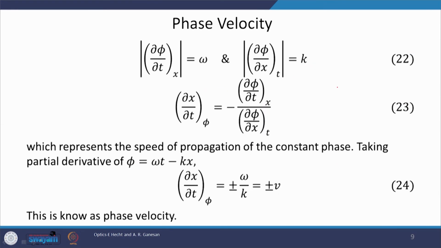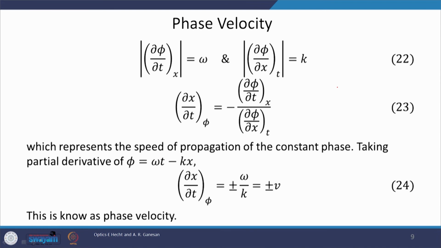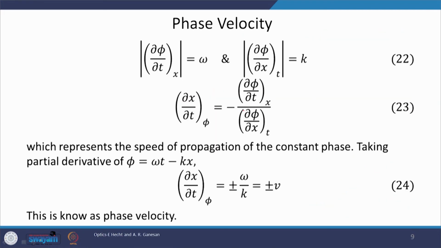Okay, once we know what a phase is, what omega is, what k is, now let us define phase velocity. Now we have this expression of phase phi, which is kx minus omega t. Now let us take the time derivative of this phase keeping x constant.